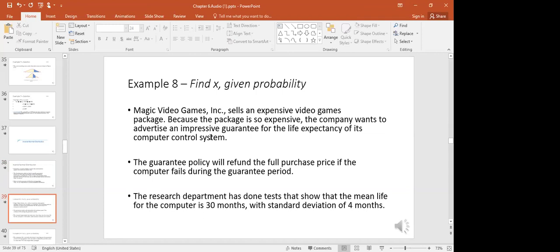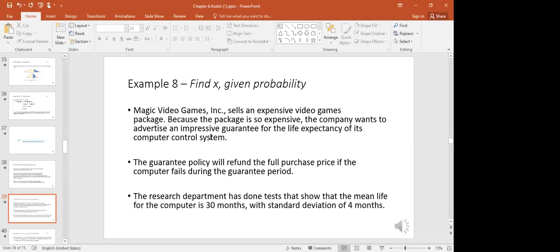Magic Video Games sells an expensive video games package. Because the package is so expensive, the company wants to advertise an impressive guarantee for the life expectancy of its computer control system. The guarantee policy will refund the full purchase price if the computer fails during the guarantee period.